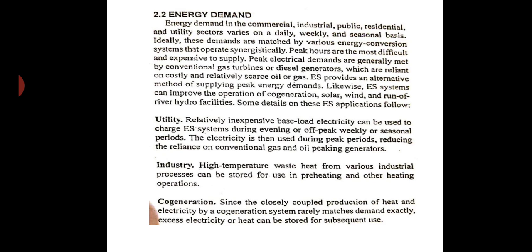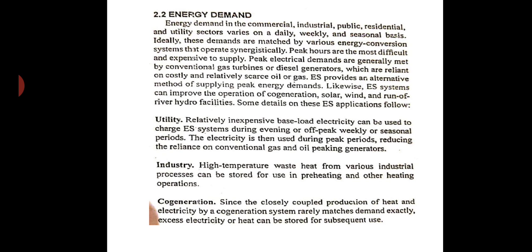Energy storage provides an alternative method for supplying peak demands. Likewise, energy storage systems can improve the operation of cogeneration, solar, wind, and run-of-river hydro facilities. Cogeneration is like a sugar factory that you have seen.